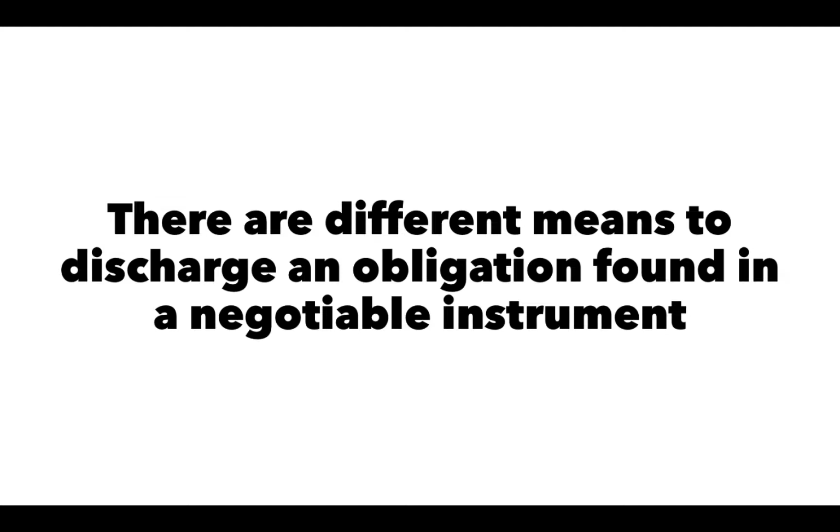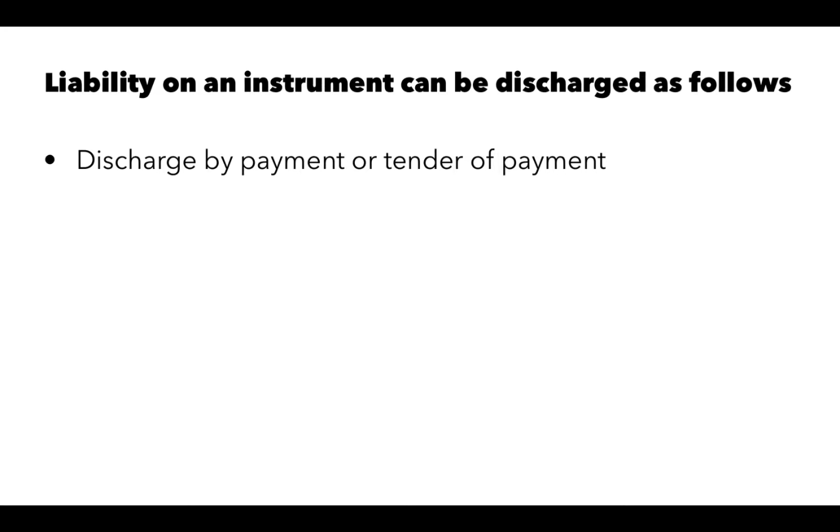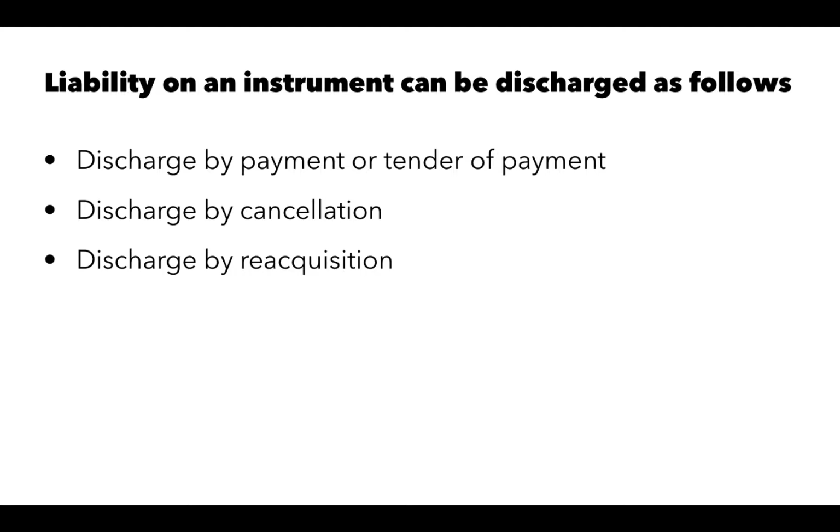There are different means to discharge an obligation found in a negotiable instrument. Liability on an instrument can be discharged as follows. Obviously, discharge by payment or by tender of payment. Discharge by cancellation. The holder of the note cancels it.